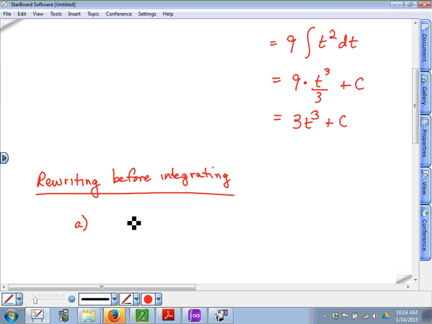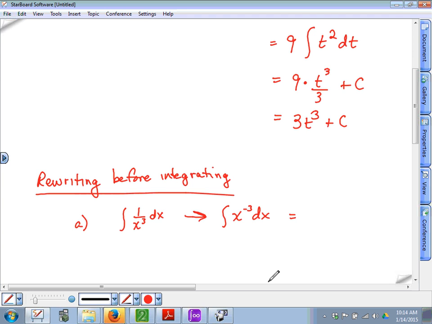So for something like the integral of 1 over x to the third dx, did we have a rule that looks like this? We didn't. But we can make it x to the negative third. We didn't have a rule that looked like this, so just rewrite it as x to the negative third dx. Then you integrate.